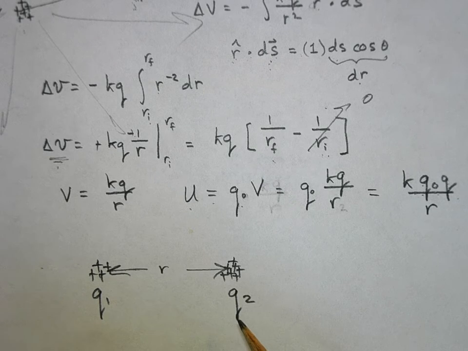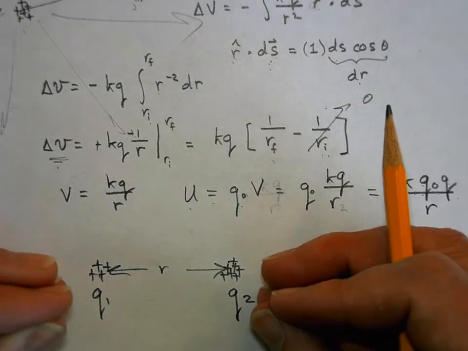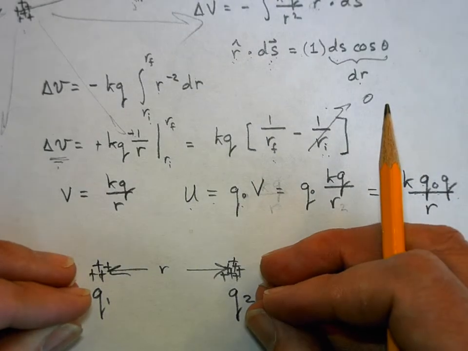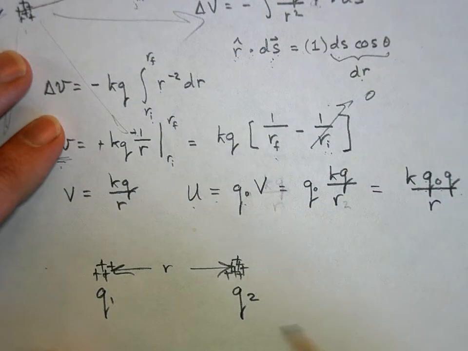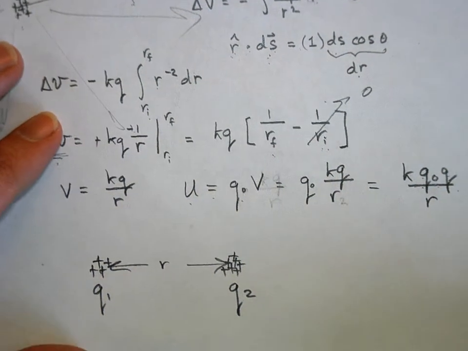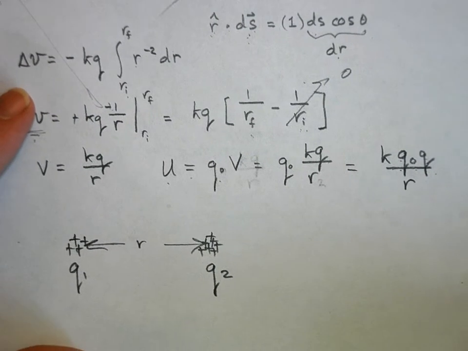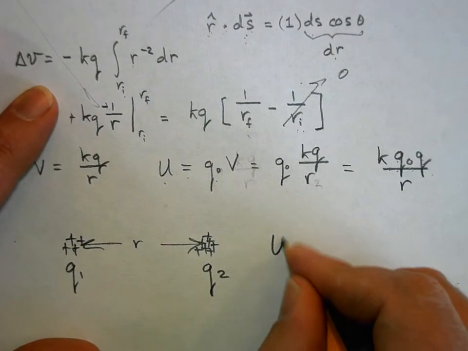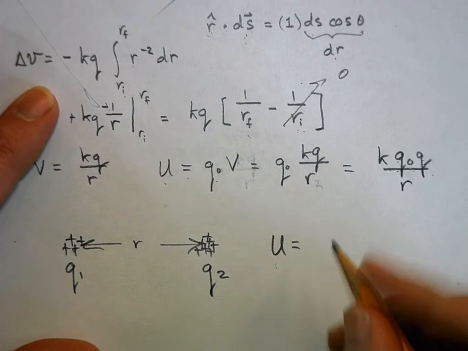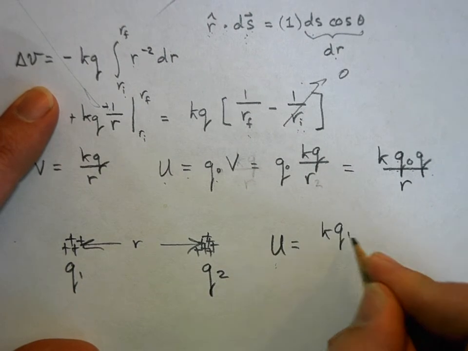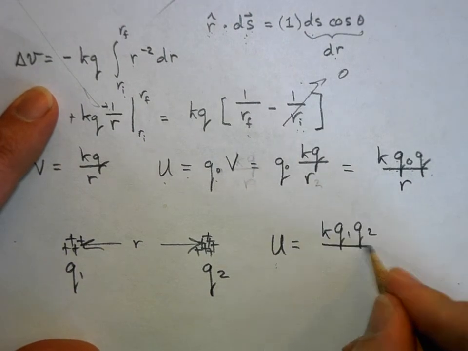Somebody had to go and push them together because they don't want to be together. It's nothing personal. They don't have personalities, they don't dislike each other. It's just they repel each other. So the amount of energy it took to do that is just kQ1Q2 over r.